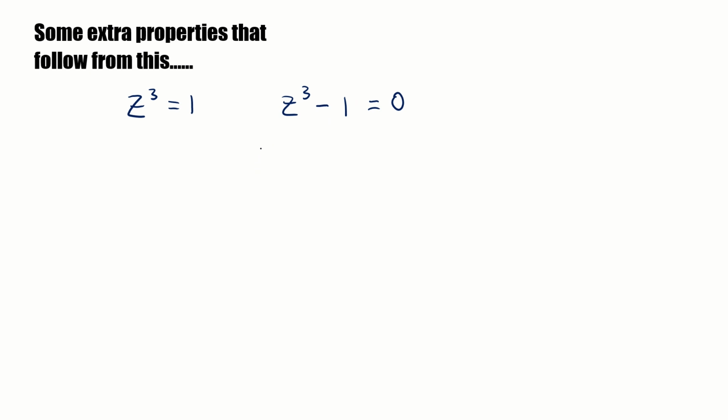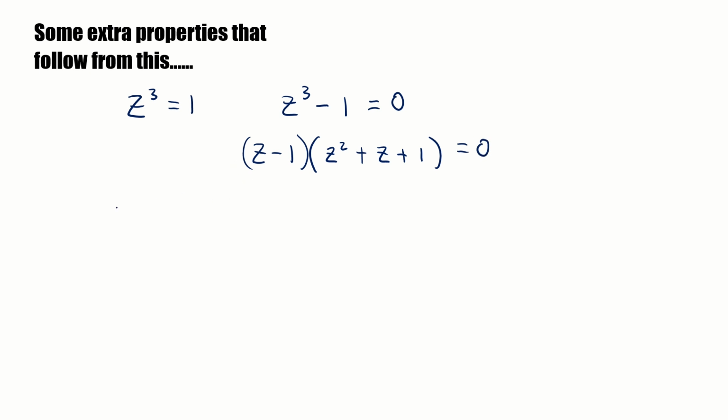So you could do algebraic division to help us factorize z cubed minus 1. If you do that, you would end up with z minus 1, and the factor you'd be left with would be z squared plus z plus 1 equals 0.